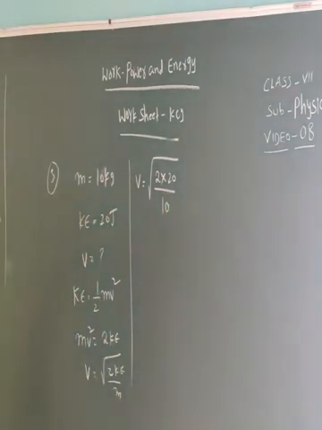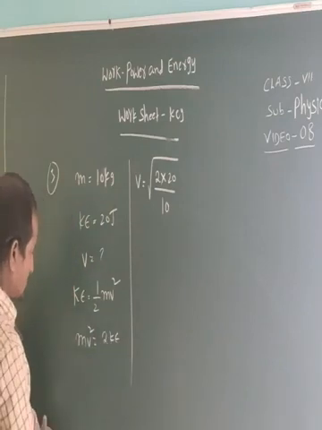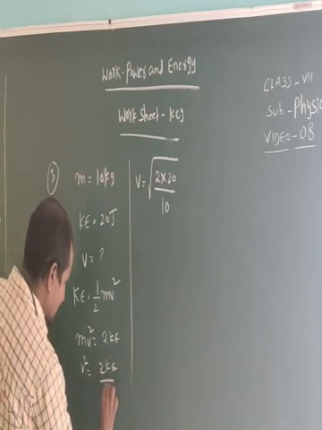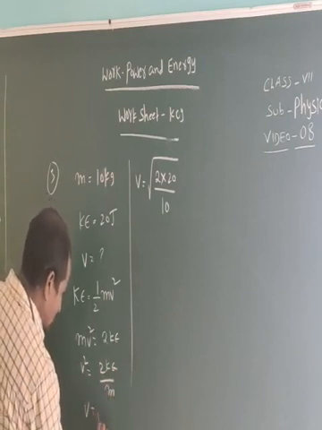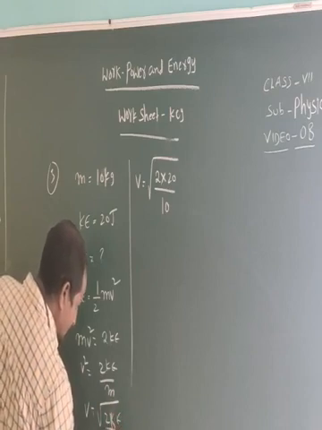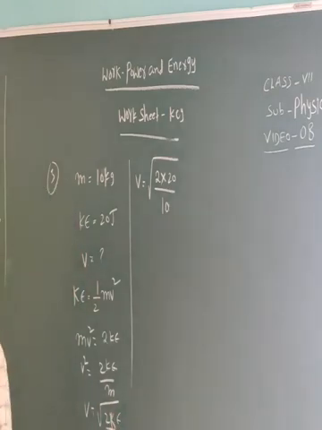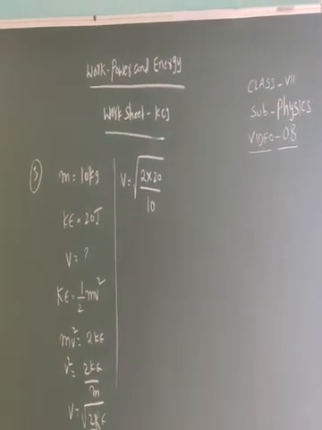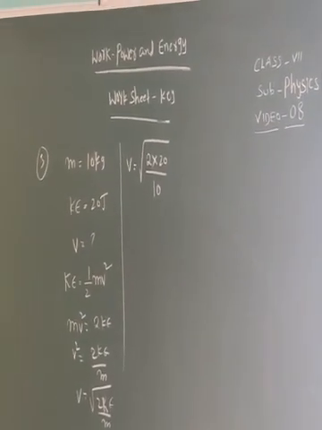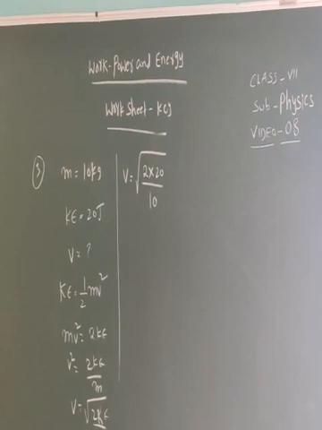Listen. So v square equal to 2K by m, and v equal to root of 2K by m.